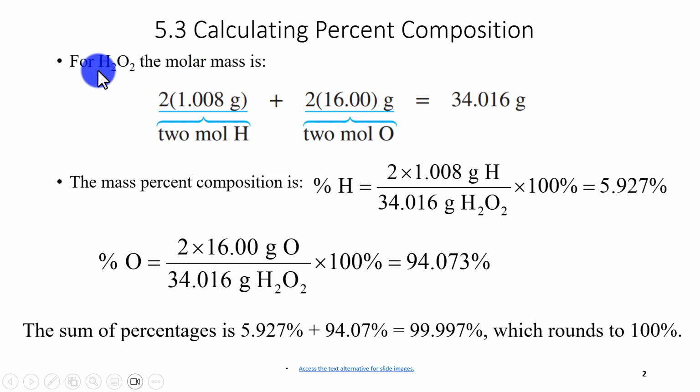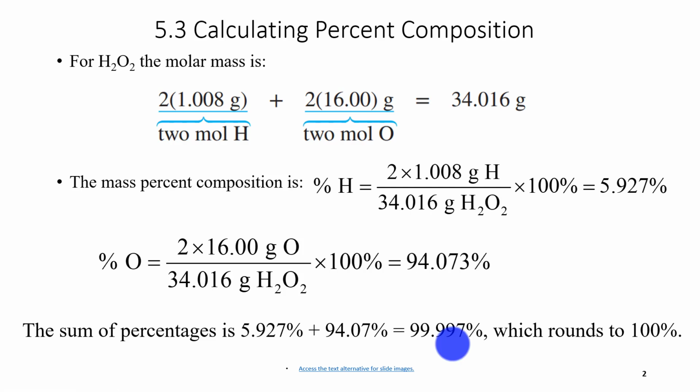Now, in this compound, because there are only two elements, once I calculate one, I can always just take 100% and subtract the percentage of one of the elements to get the percent of the other, because the sum of the percentages of the individual oxygen and hydrogen here has to equal 100%. I cannot have any more or less than 100%.